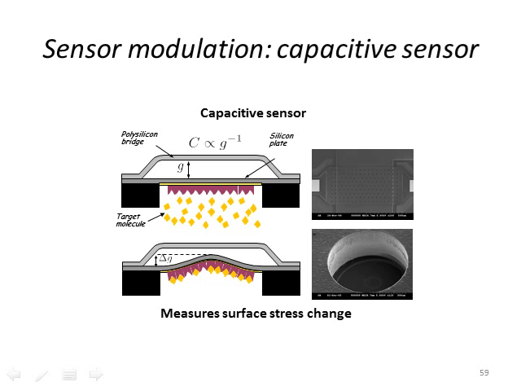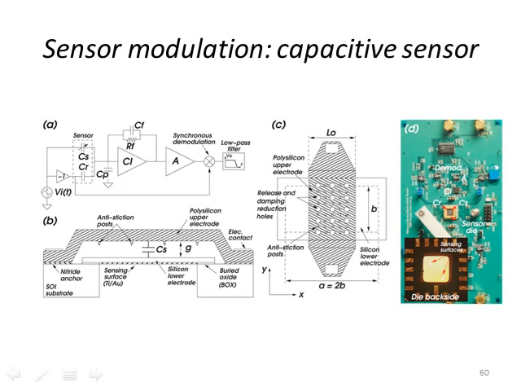So we get a capacitance change that's based on molecules binding on the surface. This is a capacitive-based measurement. So this is the circuit located in part A of the diagram, and we have a differential type of sensor.